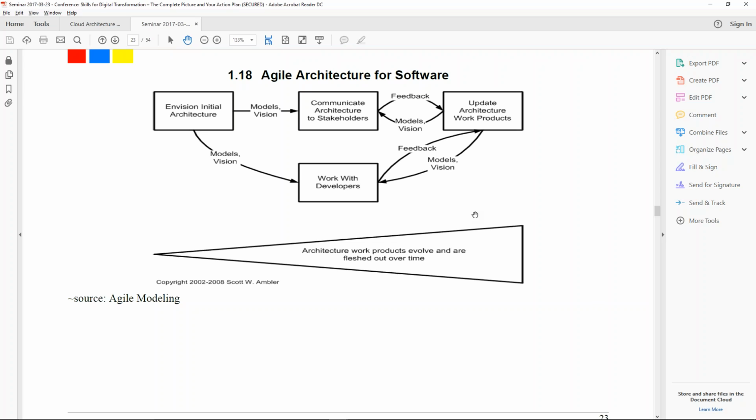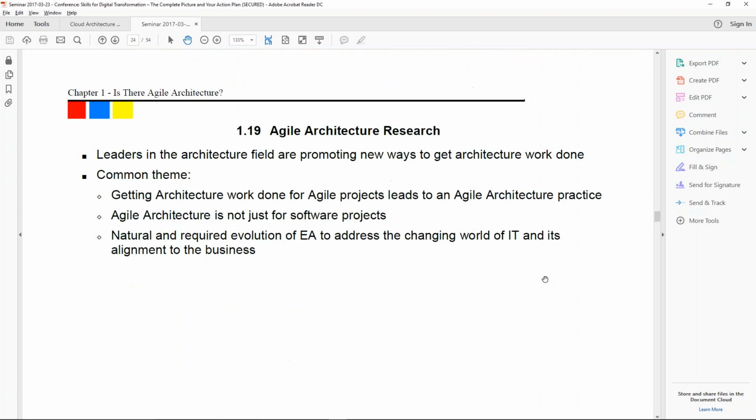Fewer documents, more sketches. Fewer decisions, more hypotheses. This is the kind of model we're chasing.